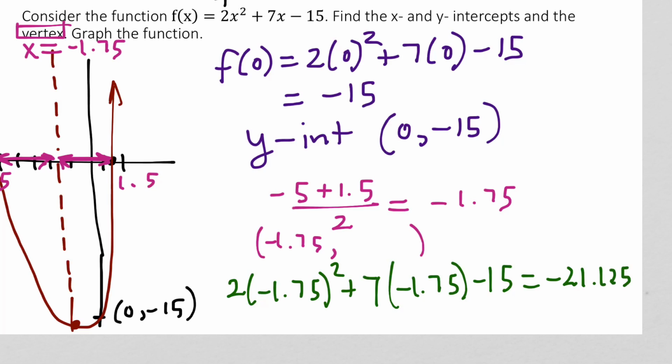That's the y-coordinate of my vertex. So negative 21.125. All right, so this point down here would be negative 1.75, negative 21.125. Okay, so that's the lowest point on my graph. All right, so we've done that one.